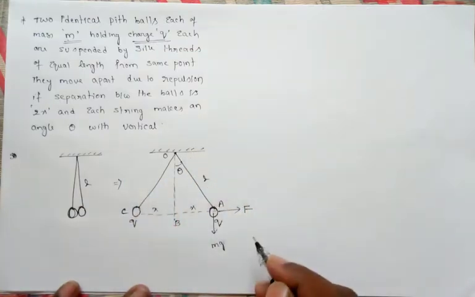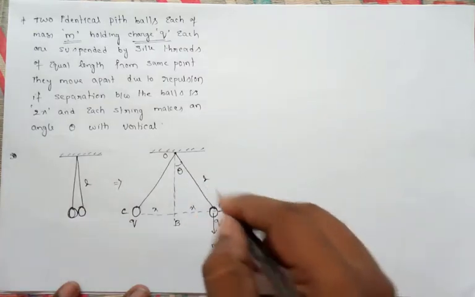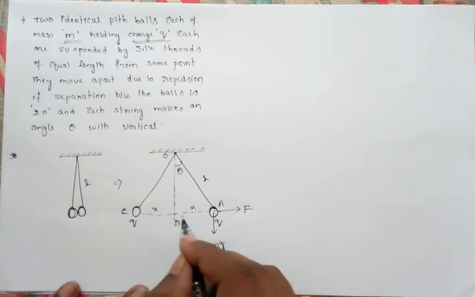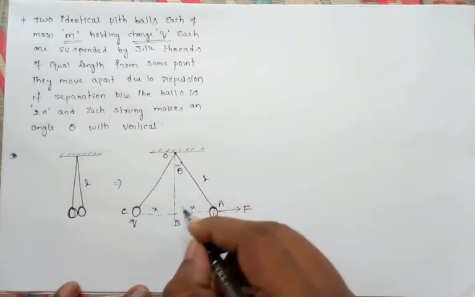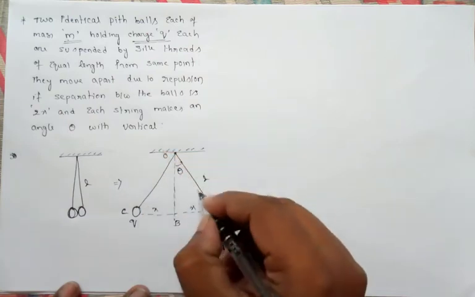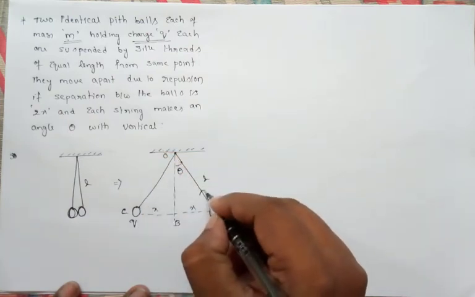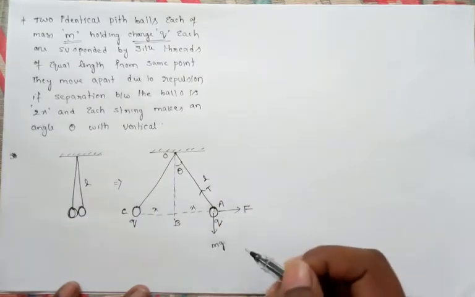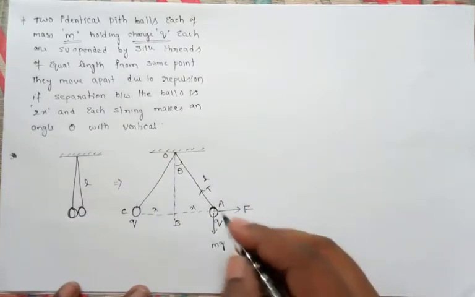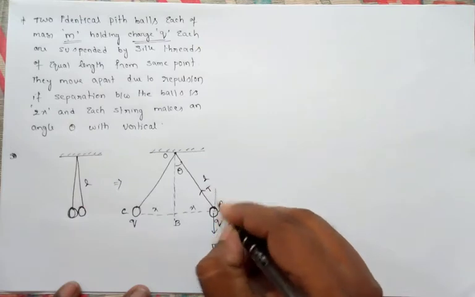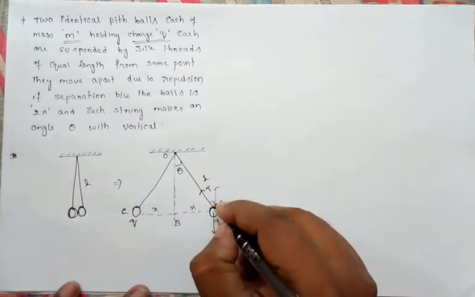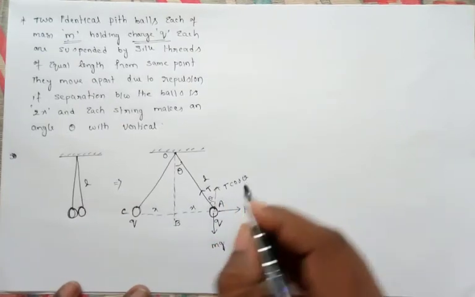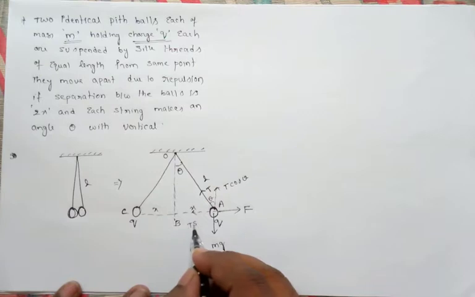Now first we'll go for the resolution concept. When a weight is deflected from the main position, the tension is always towards the point of suspension, say T. This is the tension in the string T. Now if you resolve this tension into components, you can observe this is angle theta, this is also angle theta, so this is T cos theta and this is T sin theta.